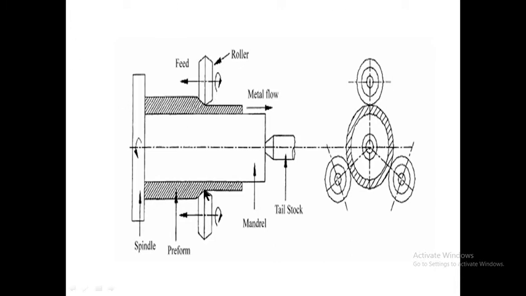These rollers force the workpiece metal to flow in the direction of the feed. That's why we name it flow forming.